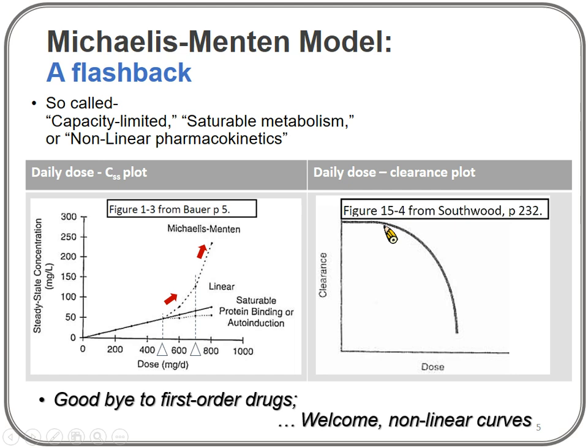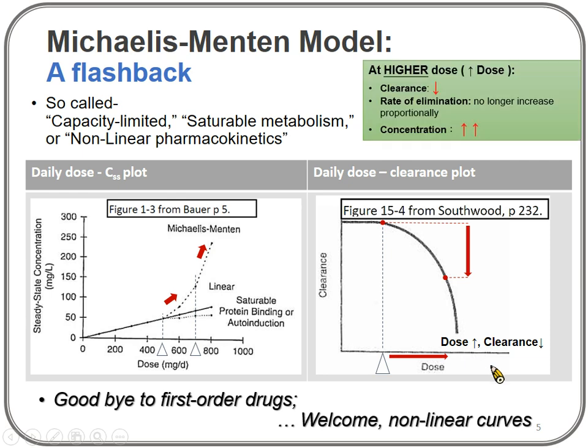But when the daily dose surpasses the threshold, then the clearance drops disproportionately in a relatively small pattern. So what does that mean? As you can see here, the higher the dose after the threshold, the more clearance disproportionately goes down.